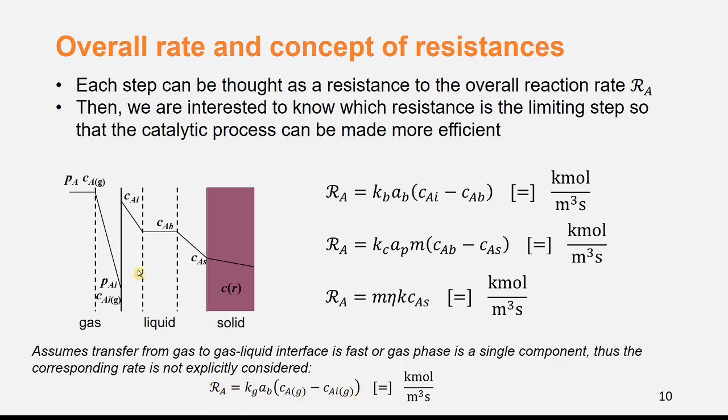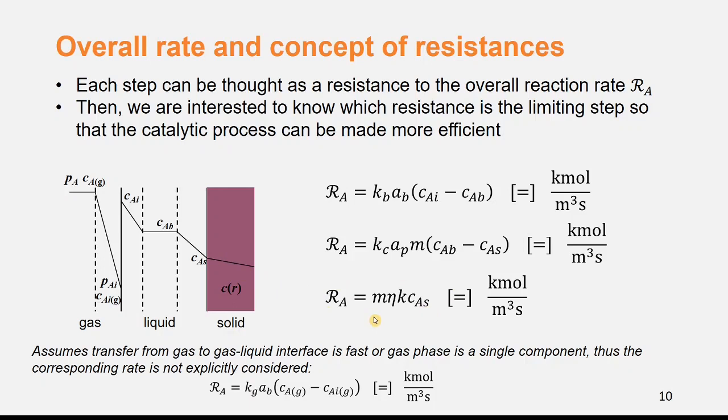So for our example, in the diagram, you can see 3 regions where the concentration is changing. Again, absorption is this, and the rate is this. External diffusion is this, and the rate is this. And then internal diffusion and reaction takes place in this part, and this is the rate.